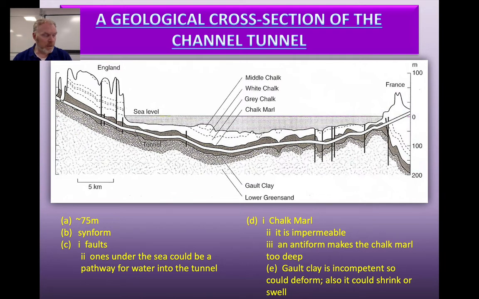But if you look at the French end there, you'll see that the tunnel actually comes back to the surface through the chalk because there is an antiform there that takes the chalk marl deeper below the French coast, so the tunnel had to leave it behind. The downside of the material underneath is this clay.